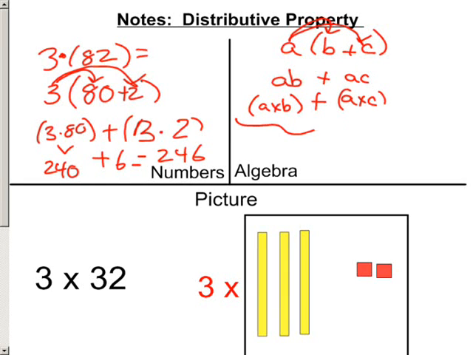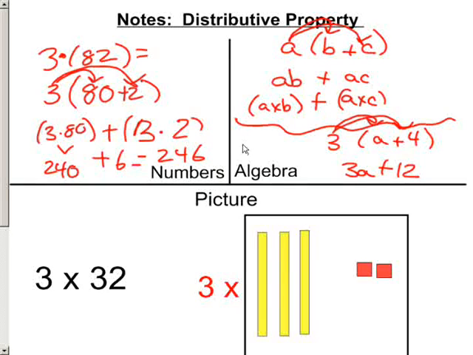Let's try another algebraic example where we have some numbers and some variables, which is the letters. If I have 3 times (A plus 4), then what I'm going to do is 3 times A, which I can write as 3A. This means 3 times A, plus 3 times 4, which is 12.